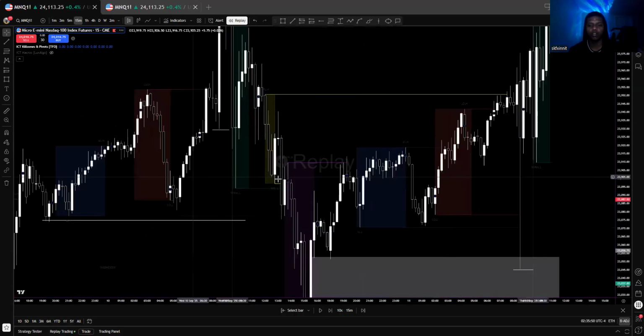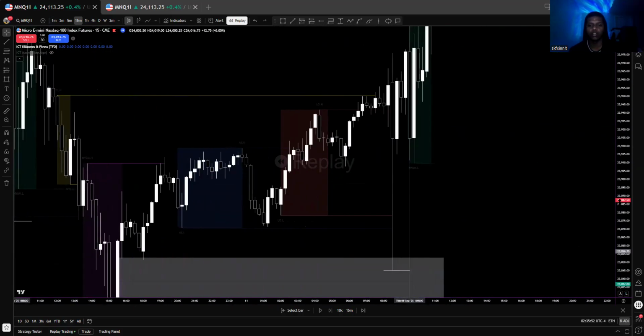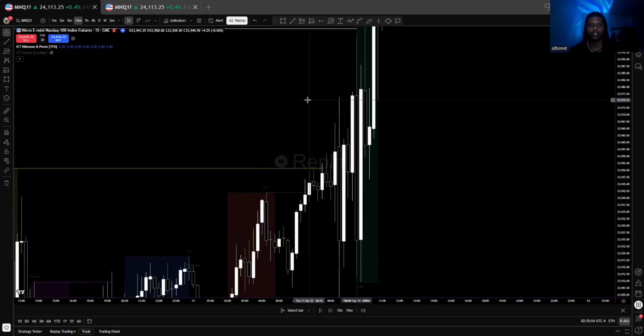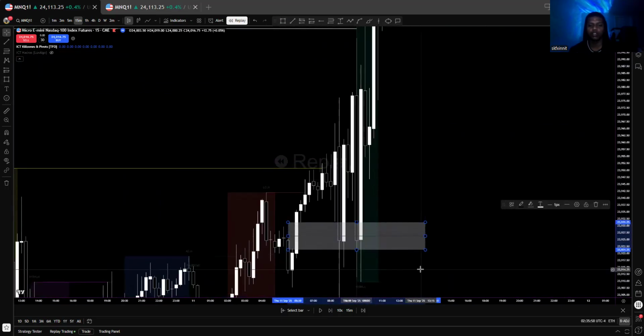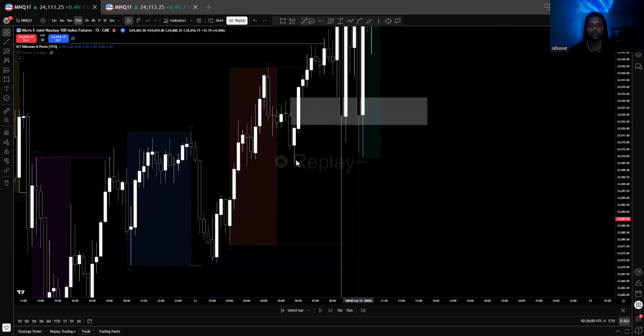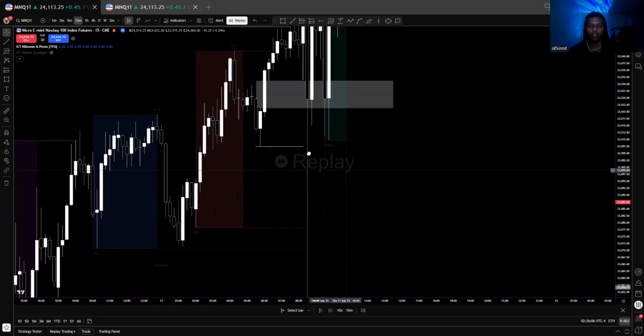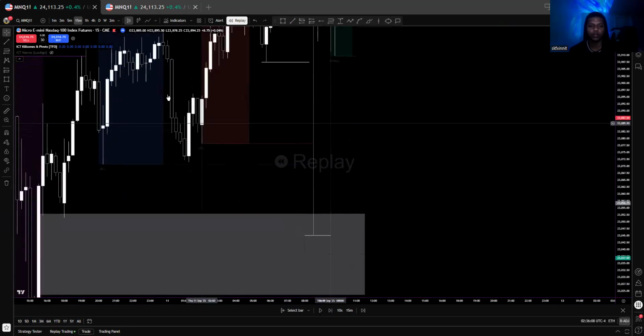Like how? Maybe actually this. That's internal sweep. That is going to be internal sweep. Price didn't actually close below this fair value gap.